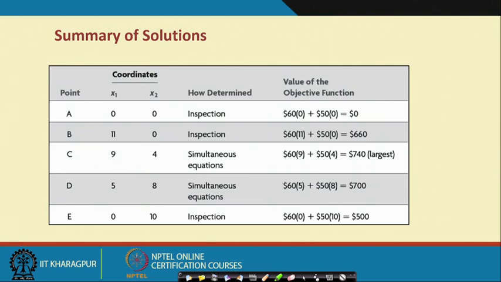So, if you go by the simplex method, it will start with z equal to 0, then z equal to 500, then 660, then 700, and finally 740.